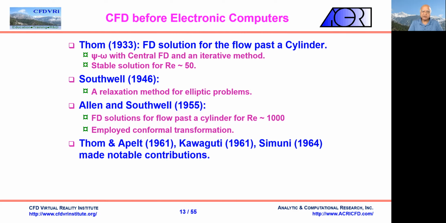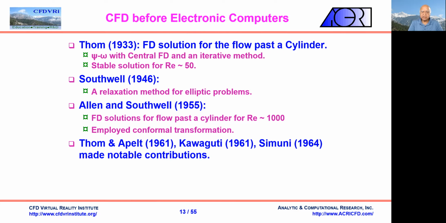Southwell developed a very important technique called the relaxation method, which is still used today for elliptic problems to speed up convergence. Allen and Southwell in 1955 used these technologies to derive the finite difference solution for flow past a cylinder up to a Reynolds number of 1000.